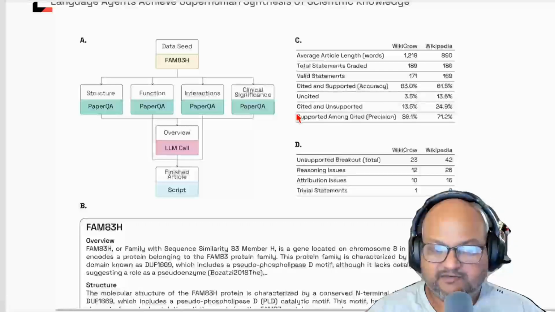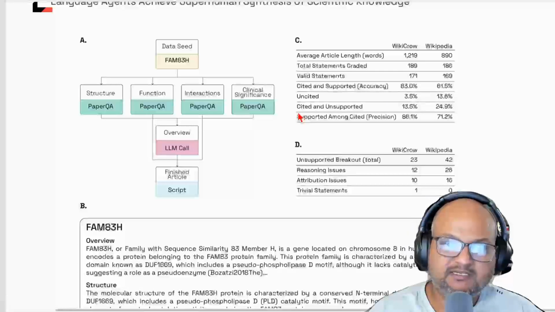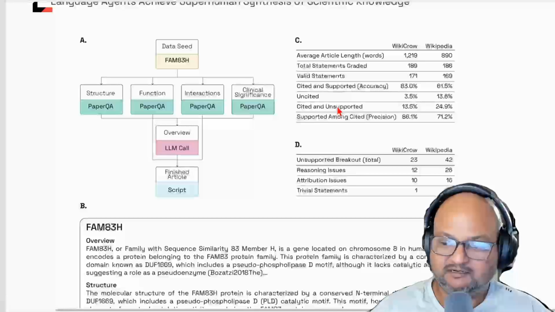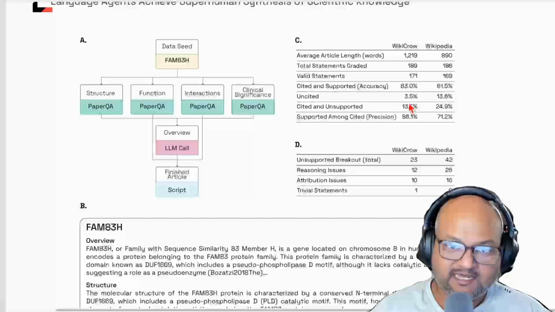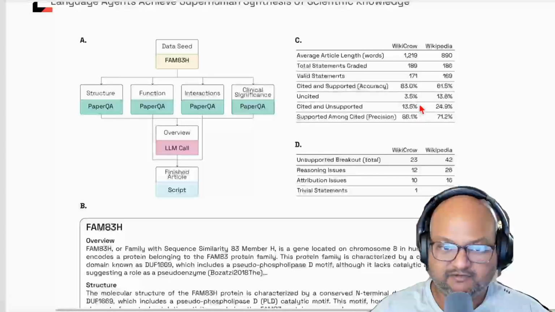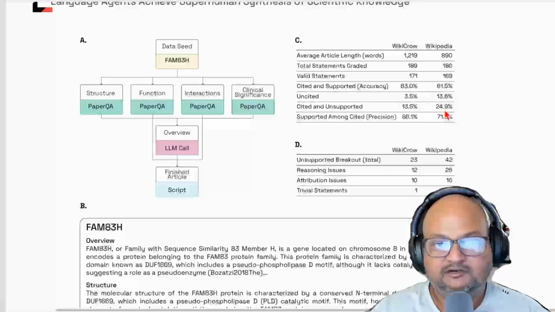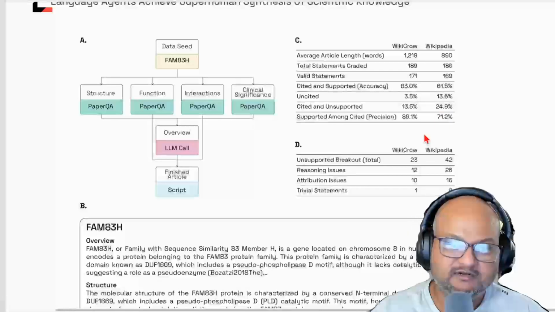The inverse of that, which is to count how many were cited but unsupported, which is to say that the citation was not correctly used. We see that the system here has a much lower fraction of those, nearly half at 13.5% versus 25% for human written articles.